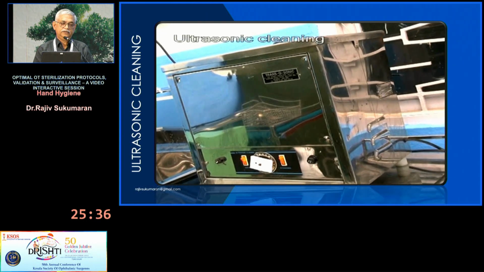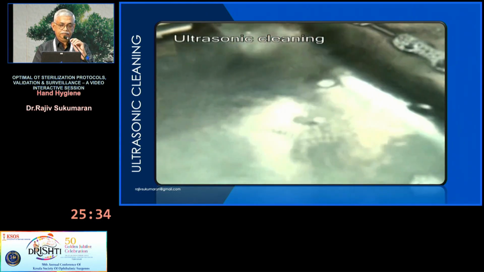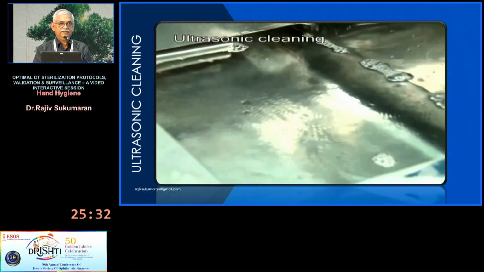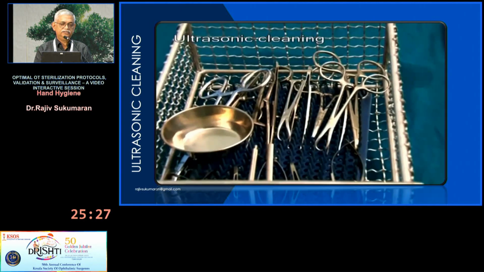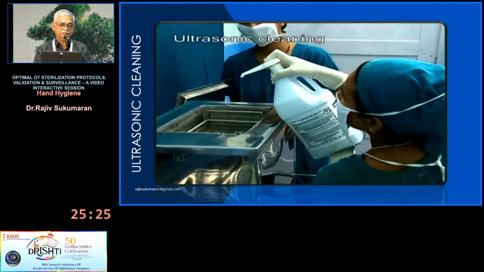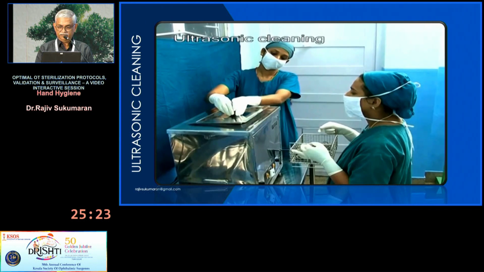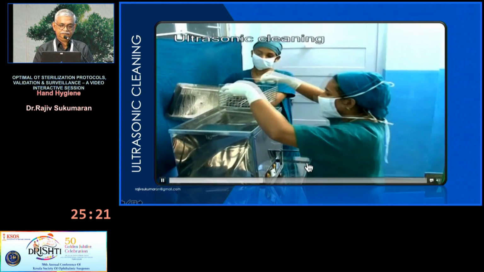Autoclave and ultrasonic cleaning is a good procedure, but please avoid the enzymatic cleaner, because it's reported that the incidence of TASS is more with enzymatic cleaning. This is not advisable now.